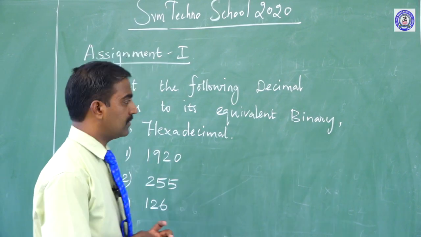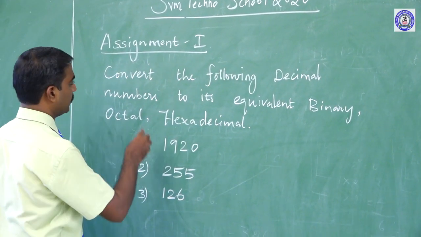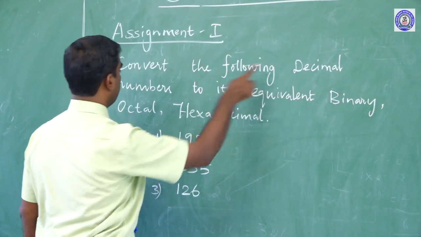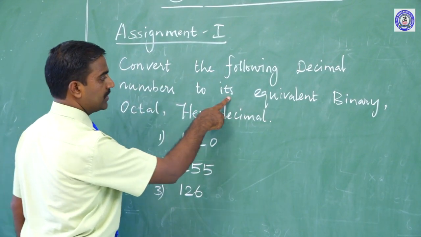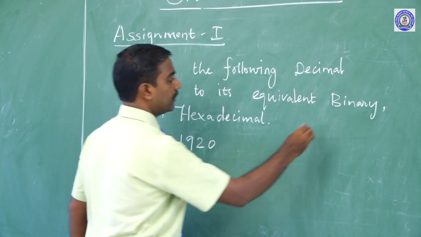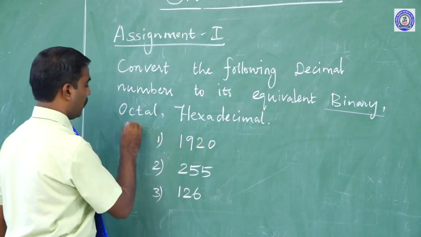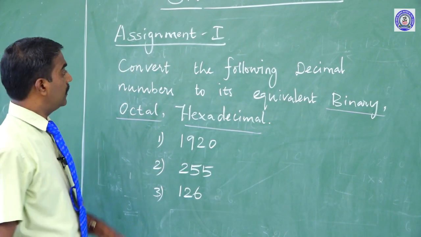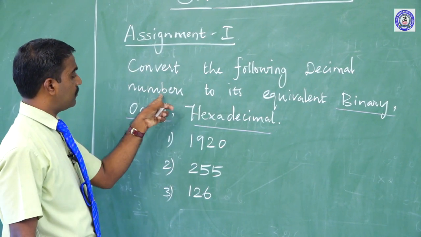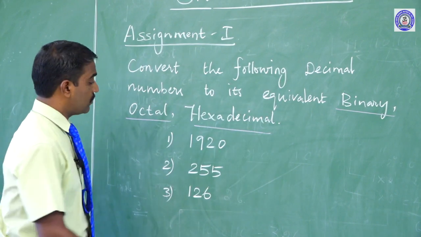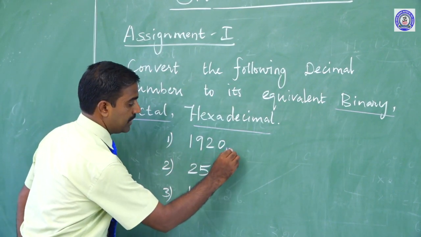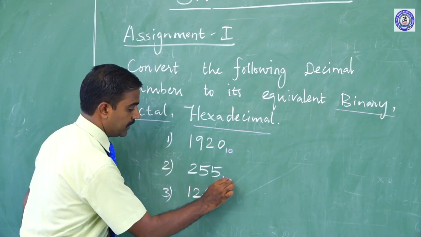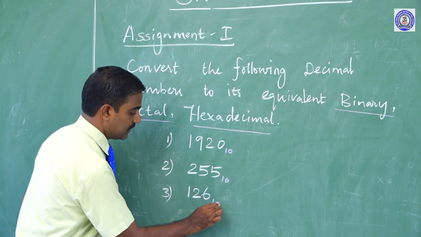That assignment is: convert the following decimal numbers into their equivalent binary, octal, and hexadecimal. Here the given numbers are decimal, that is why base 10: 1920, 255, 10, and 126.